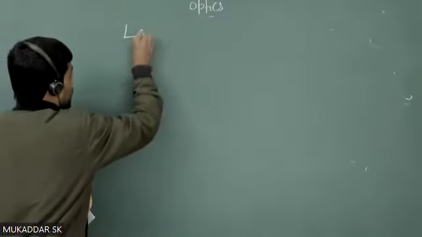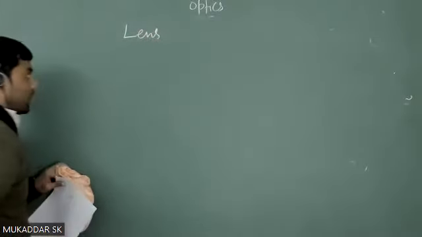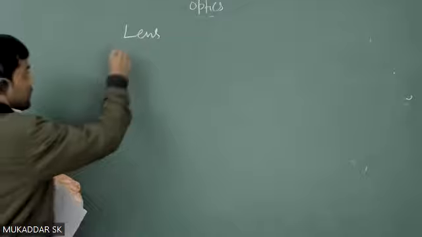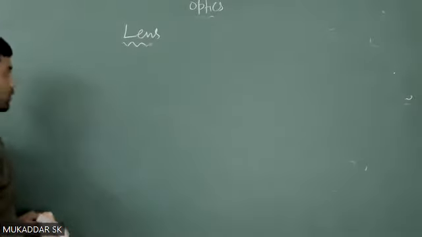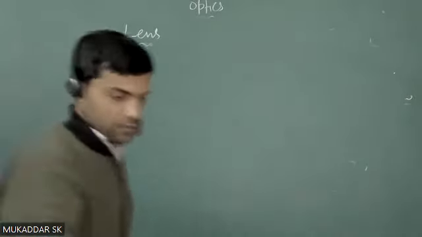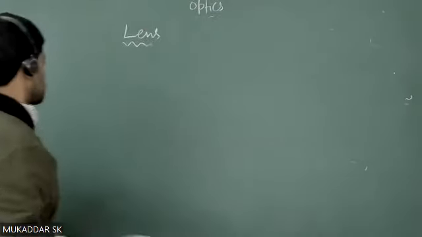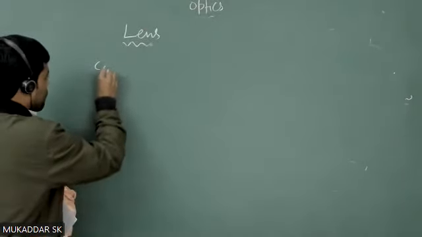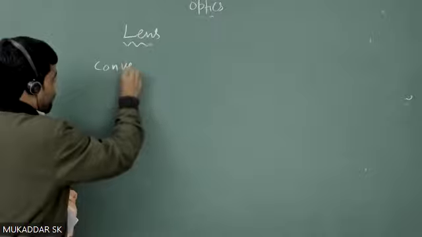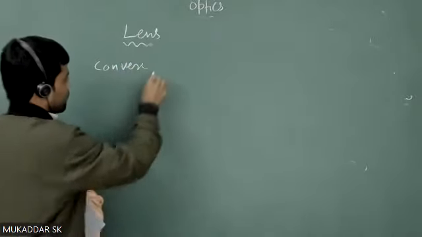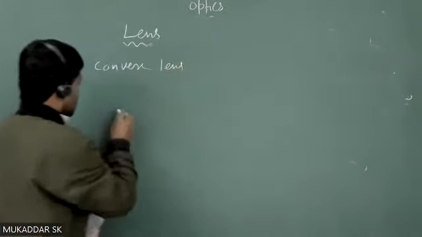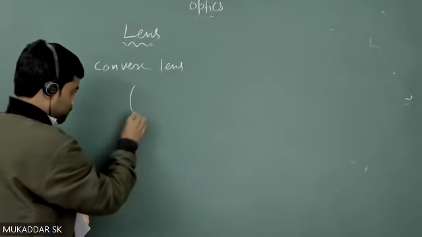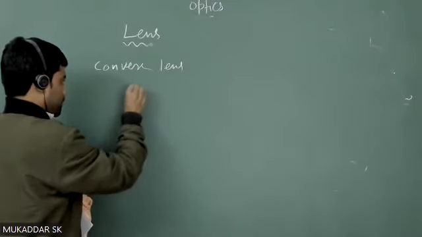Now we have to discuss lenses also, because you know the maximum questions from ray optics you will get from lenses. Okay, so there are various kinds of lens. We have a convex lens. The shape is like this.